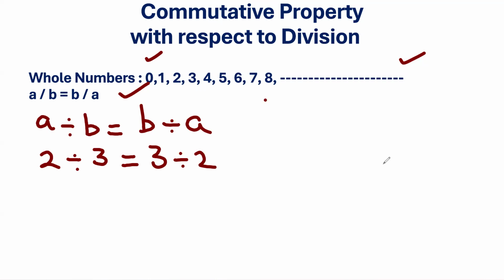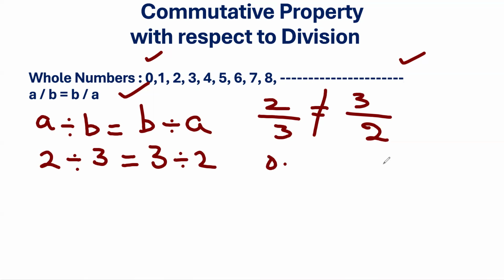This is never equal. 2 divided by 3 will give you 0.66. It's not equal to 3 divided by 2, which will give you 1.5. It's not satisfied.